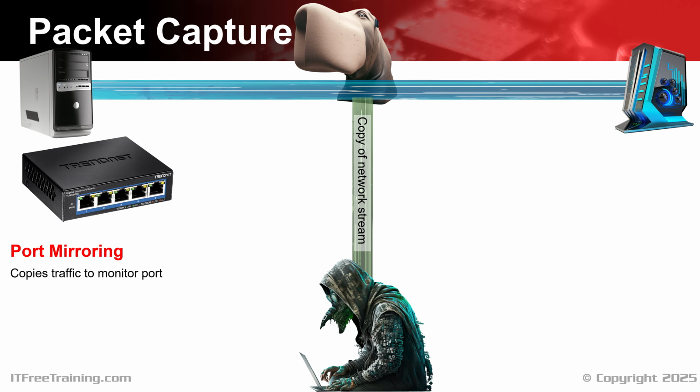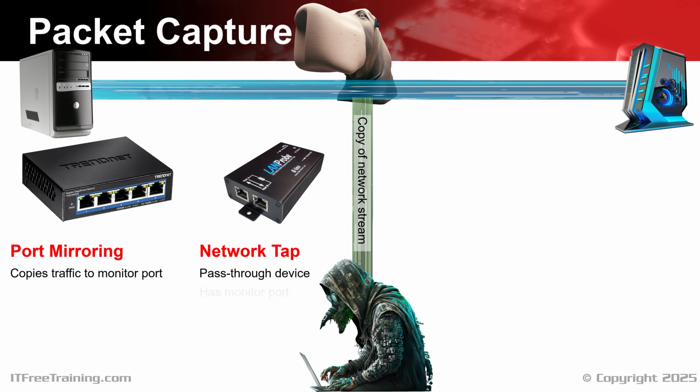In this example, I have used an example of a 5-port managed switch. If you have a need to monitor traffic and your device does not support mirroring, you can purchase a switch like this. However, even a small 5-port managed switch can cost a bit. The next solution is to purchase a network tap.